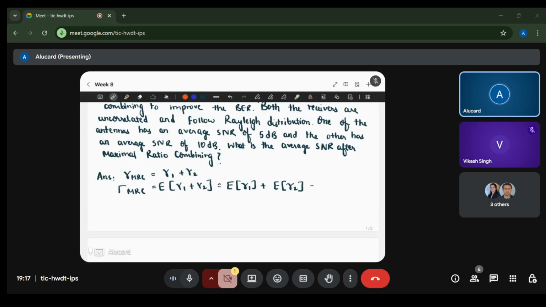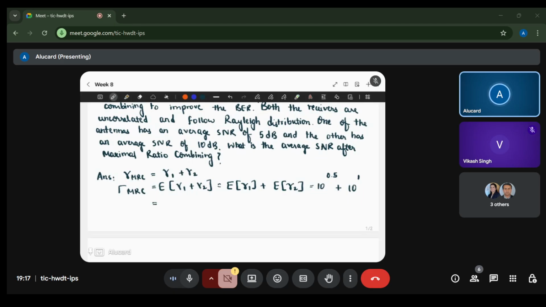You have to write in linear scale: 10 power 0.5. And the expected value of gamma 2 is 10 dB, which is in linear scale 10 power 1, just 10.